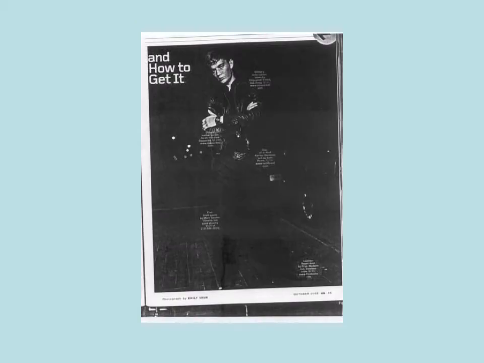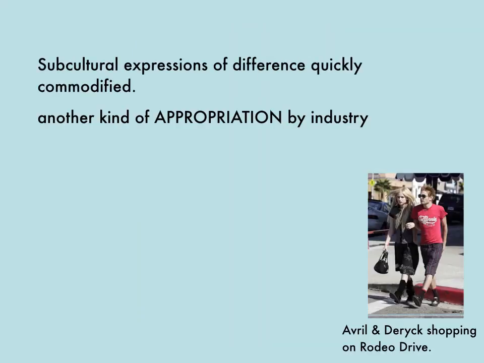Then on the next page they have how to get it. And this is the high fashion example of this street look, where they tell you all the different pieces that you can buy, and they all hover around $500 or more, right? So much more expensive. But an example of how that street bottom up example of cultural style works and how industry appropriates fashion.